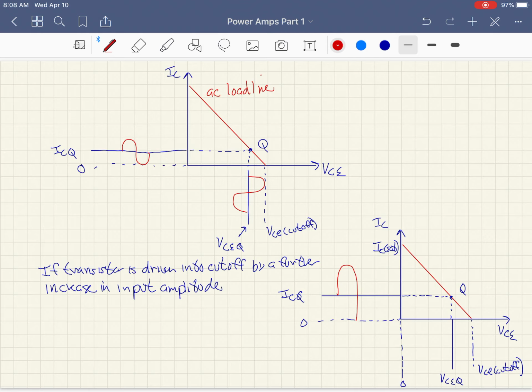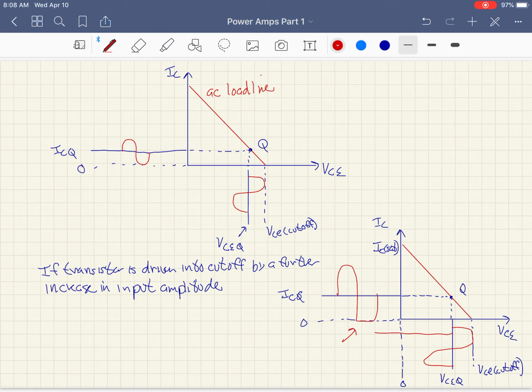Negative half cycle gets chopped off. That's called clipping. Okay, we get the same thing going on here with VCE, positive half cycle is going to get chopped off or clipped. Negative half cycle, no problem.